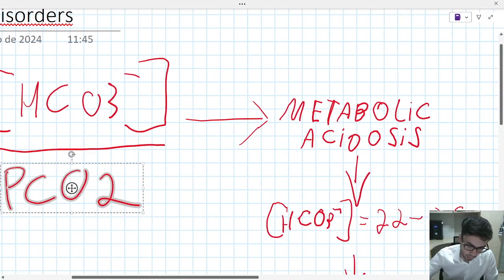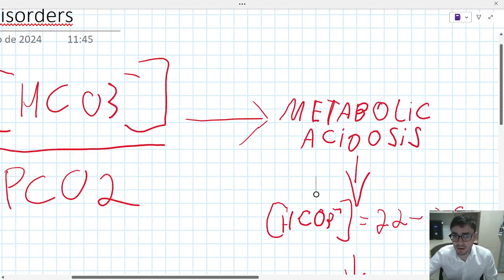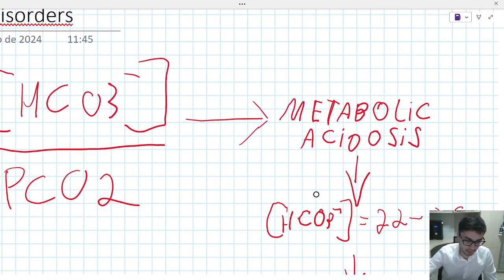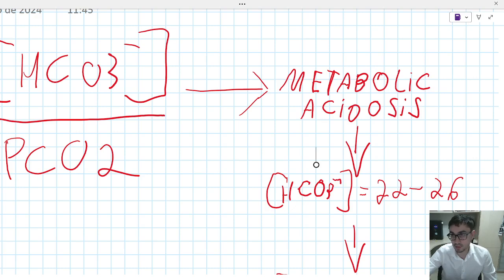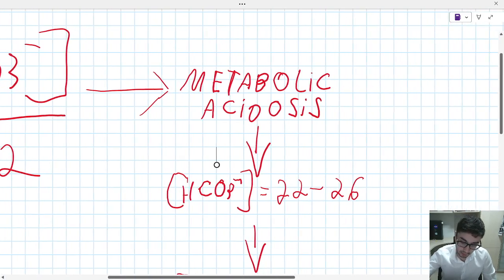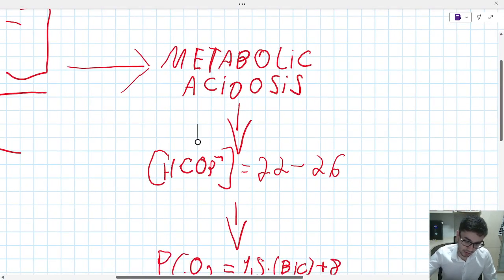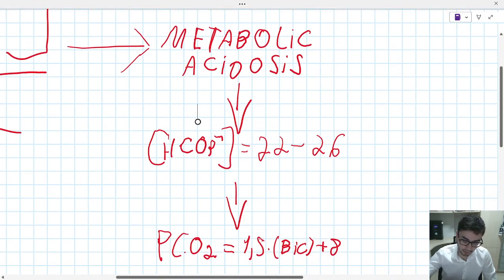What's the value that the PCO2 needs to hit? We'll have what we call a compensated metabolic acidosis. If the PCO2 cannot compensate, it will be a non-compensated metabolic acidosis.